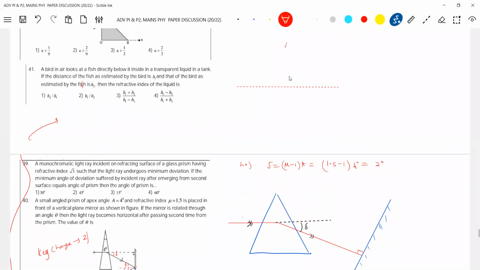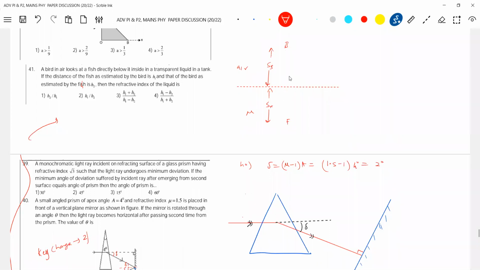Okay, there's a bird, there's a fish. The bird looks like, so this will be SB, you write it. There's a real depth. There's a mu, there's air. So what do you mean by H1? The distance of the fish as estimated by the bird is H1.